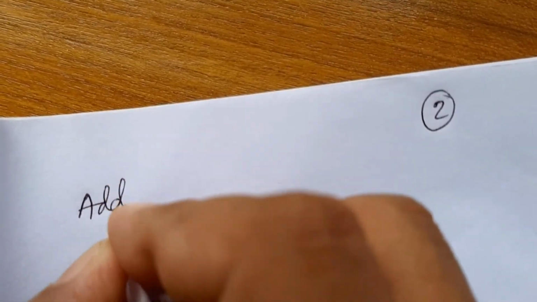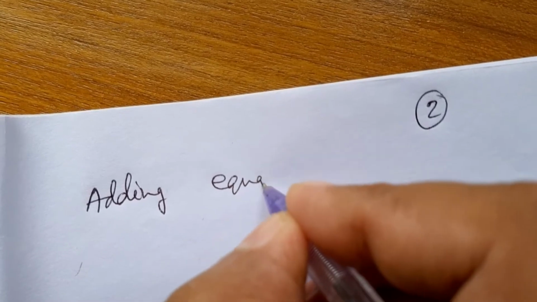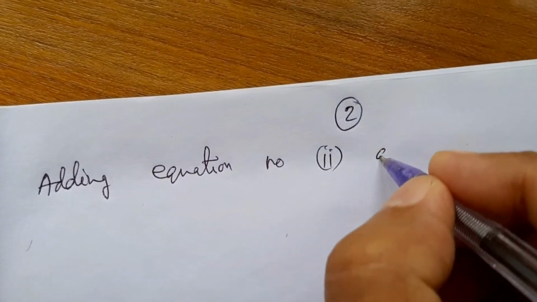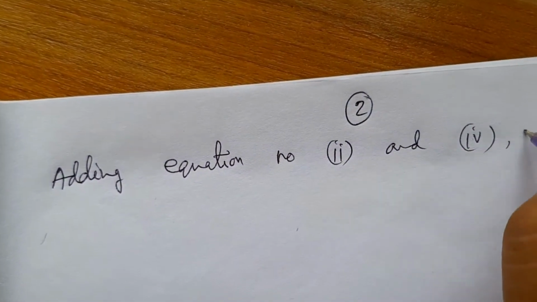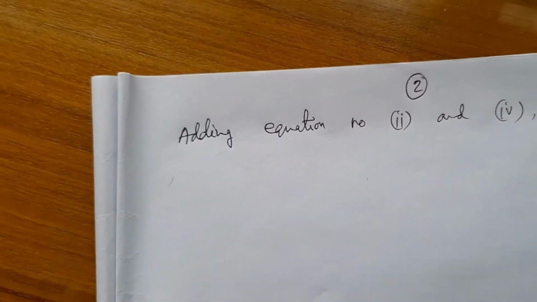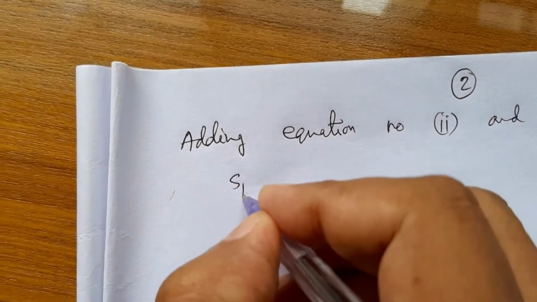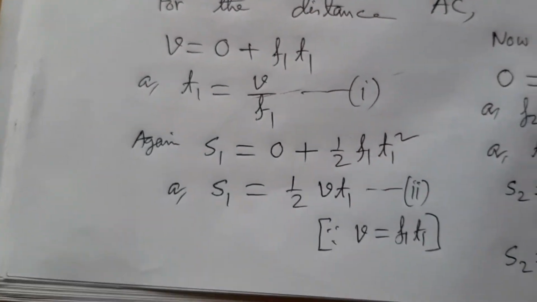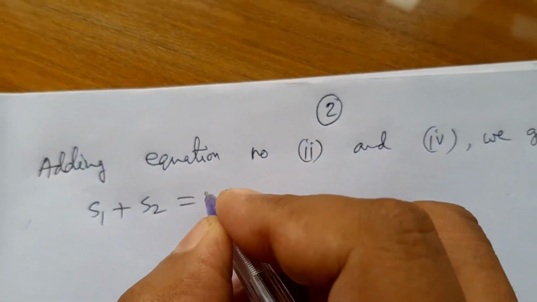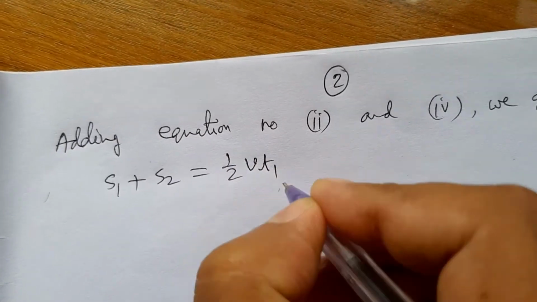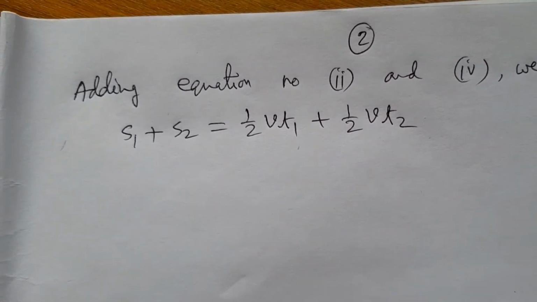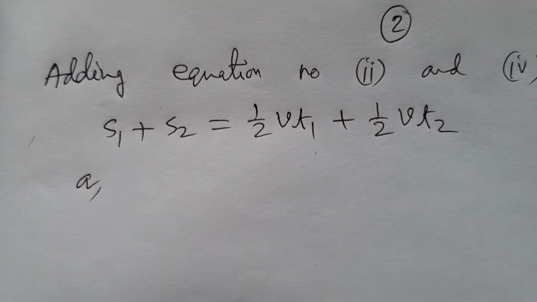Adding equation 2 and 4, we get s1 plus s2 is equal to half of v t1 plus half of v t2.